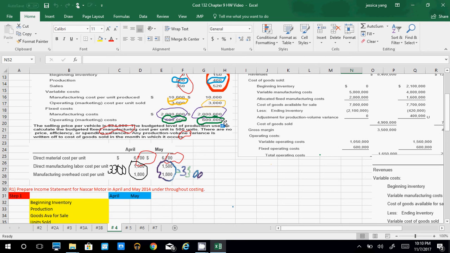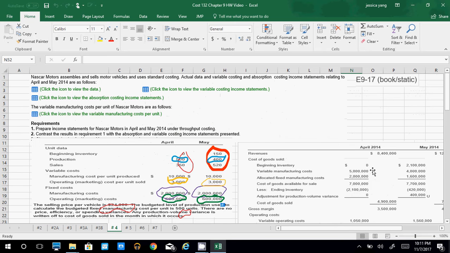Direct material cost per unit for April is $6,700, and $6,700 for May. Direct manufacturing labor cost per unit is $1,500 for April, $1,500 for May. Manufacturing overhead cost per unit is $1,800 for April, $1,800 for May.